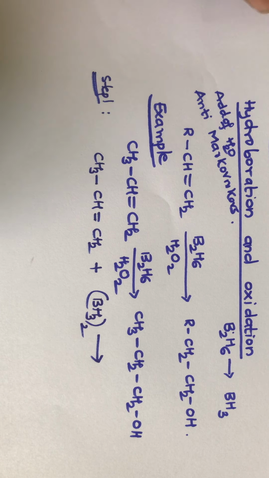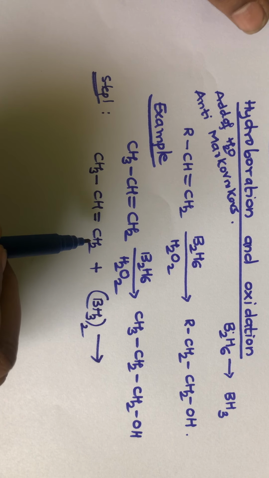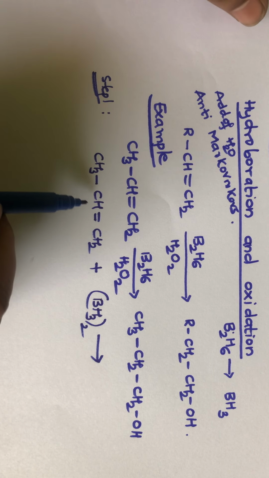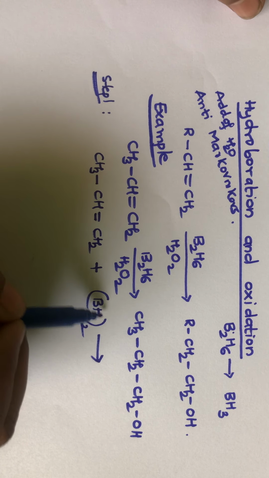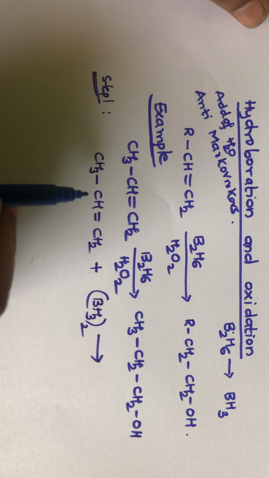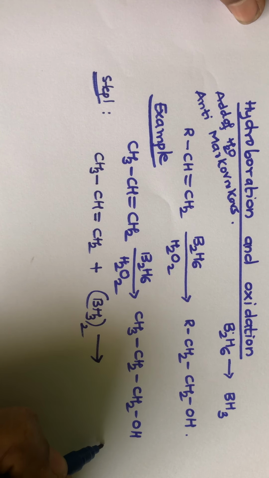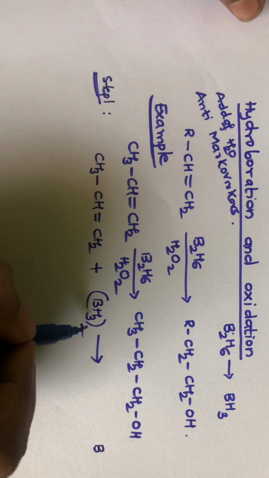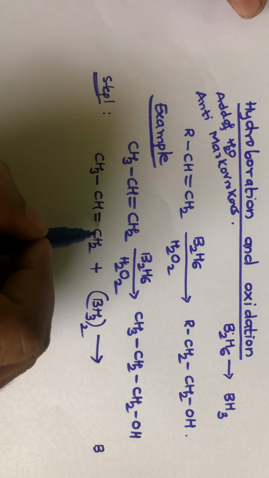First, addition of boron takes place. Hydrogen adds here, boron adds here. There are 3 hydrogens, so these 3 hydrogens will add to 3 such molecules, and boron forms a bond with this.